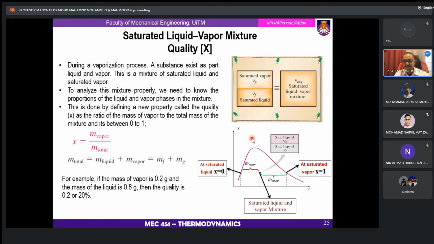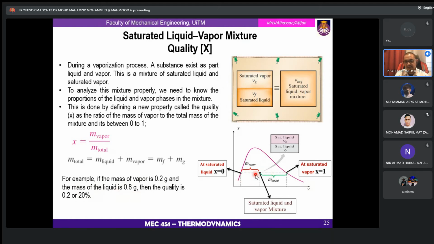Let's see an example on a temperature versus specific volume diagram. If you look here, the mass of vapor is around, for example, 0.2 gram, and the mass of liquid is 0.8 gram.